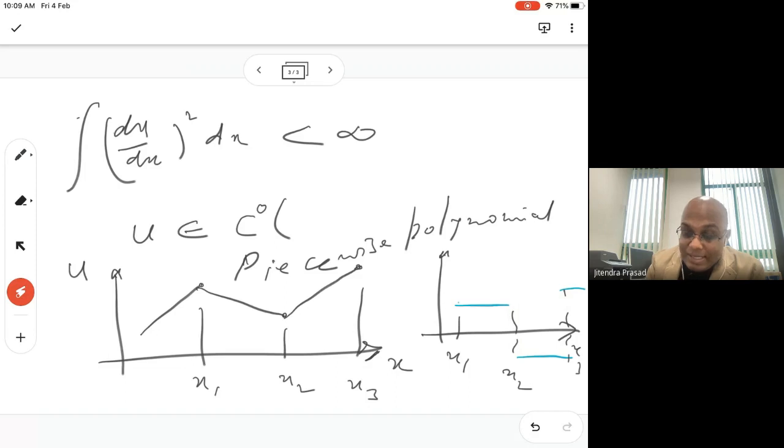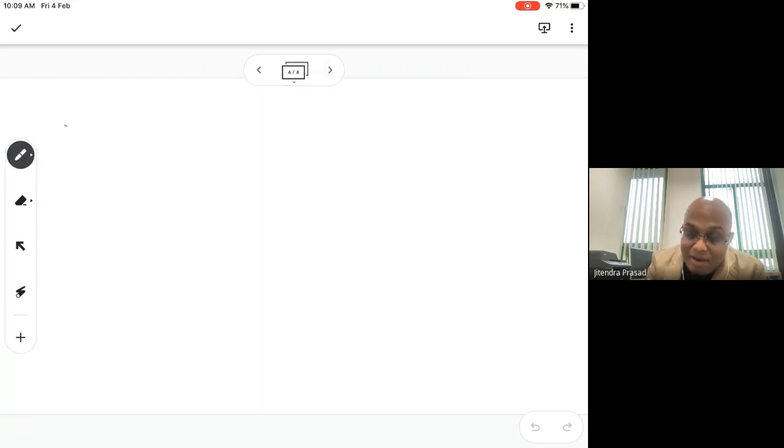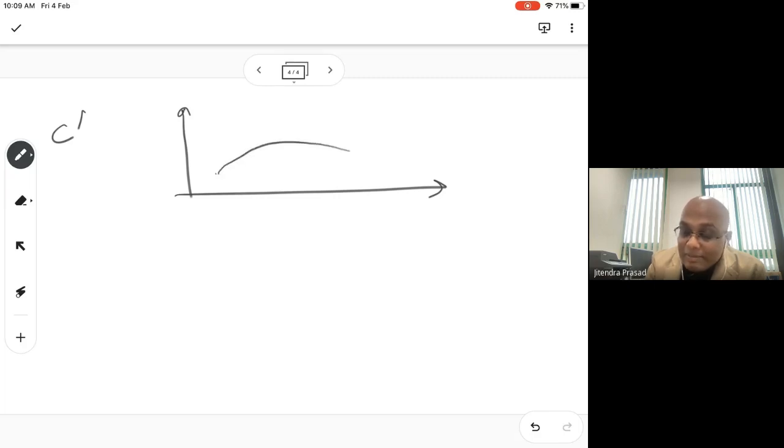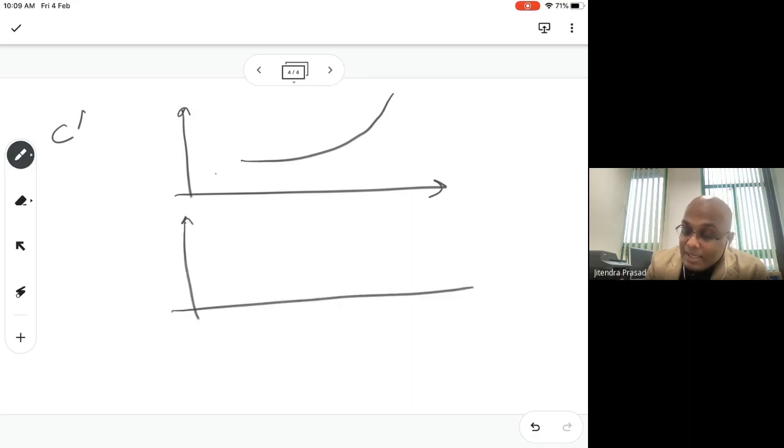When you say C1, that really means that even if you differentiate, it remains continuous. Let us say this is a quadratic equation. If you differentiate it, you get this kind of thing. So this is quadratic, and this is a line.